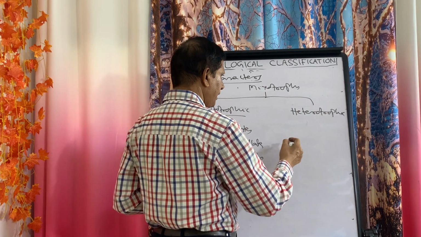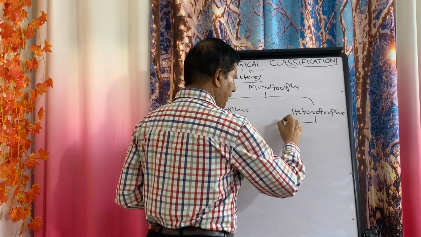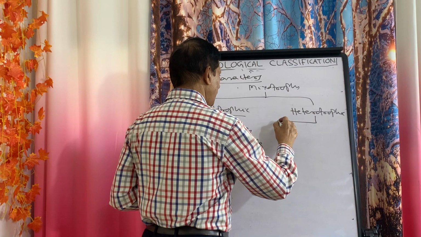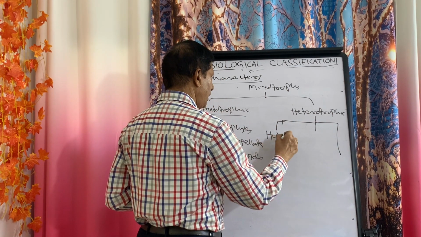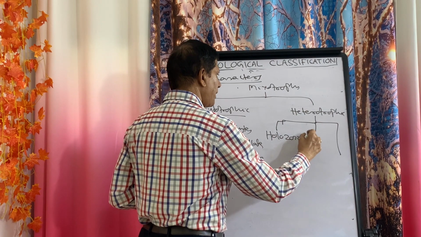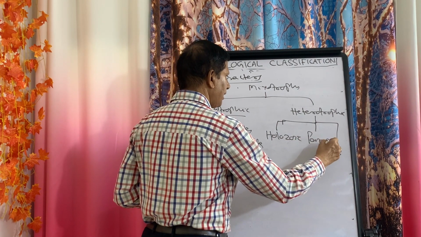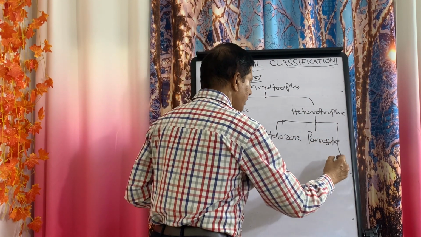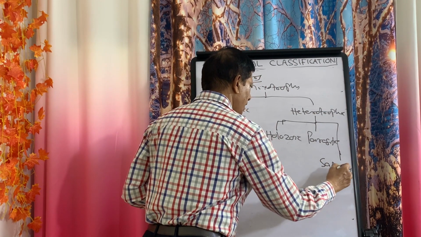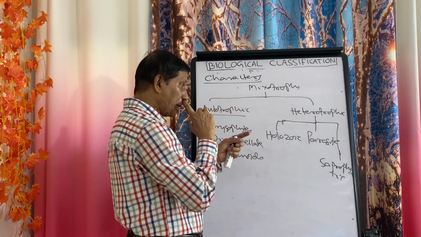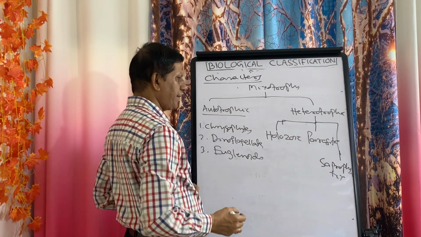And the heterotrophic may again be holozoic, or parasitic, or saprophytic. That is, the heterotrophic may be holozoic, parasitic, or saprophytic.